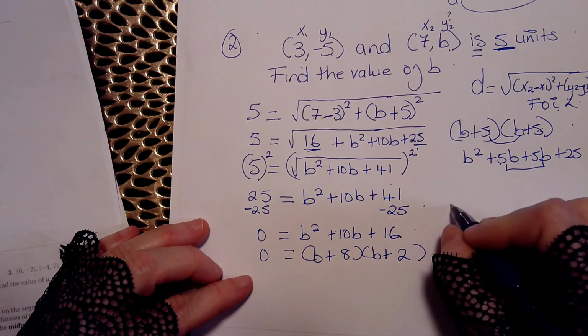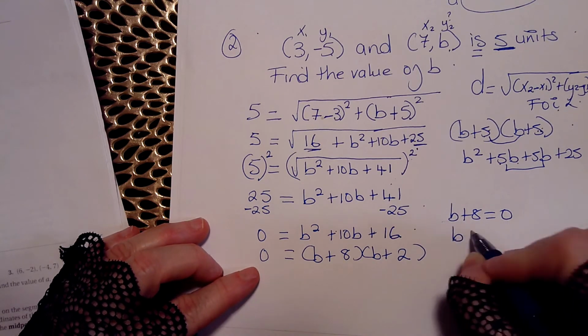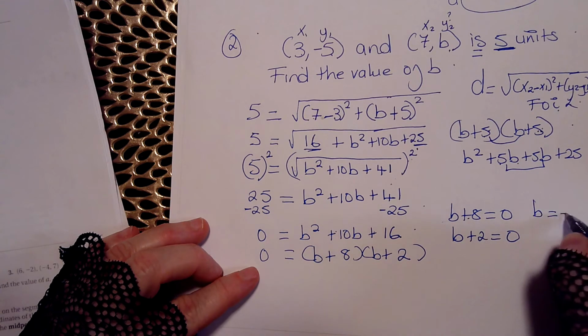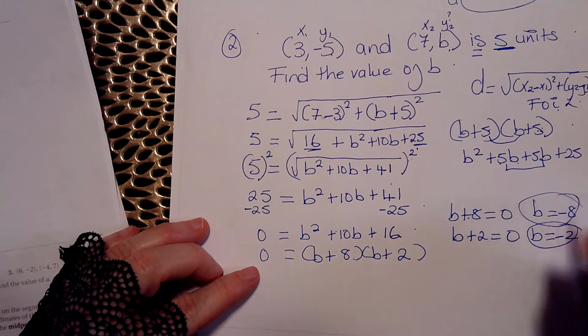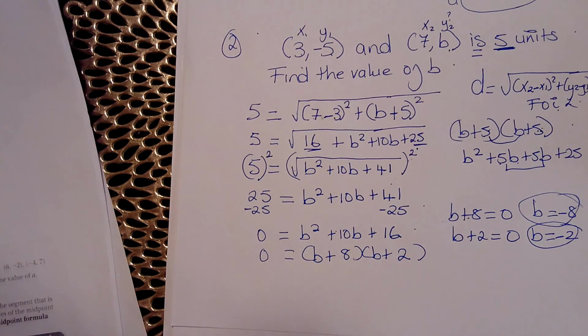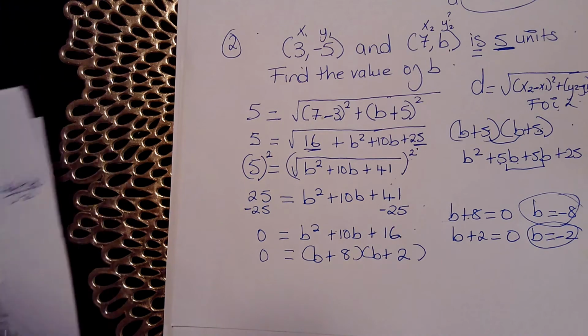Go ahead and set both of them equal to 0. That's one of the factors, that's the other. You should know by now that if it's a plus, your answer is going to be -8 and -2. So you do have 2 solutions. Both of them will work. You should be able to plug it in and check that. So that's how you're going to do that kind of example, if you see that.